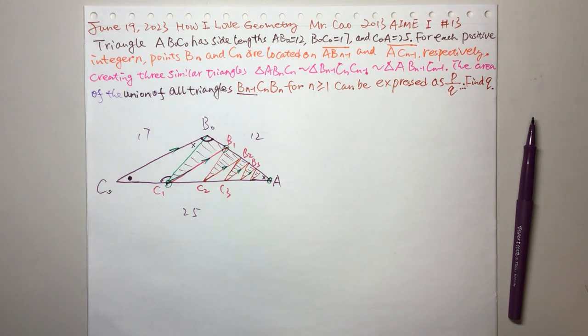We know the area ratio of similar triangles equals the corresponding side ratio squared.